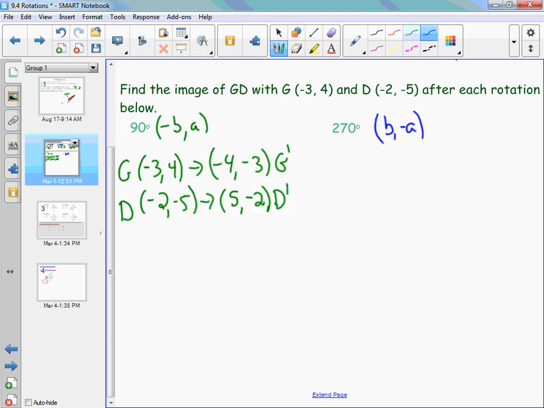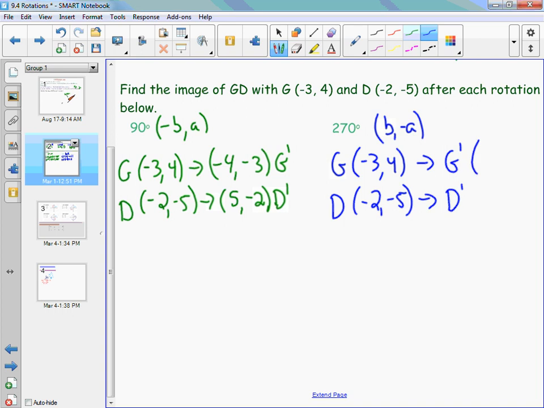So 270 degrees, the pattern is (B, negative A). So if we have G again was (negative 3, 4), and D was the point (negative 2, negative 5), we rotate them and get the points (4, 3) and (5, 2).